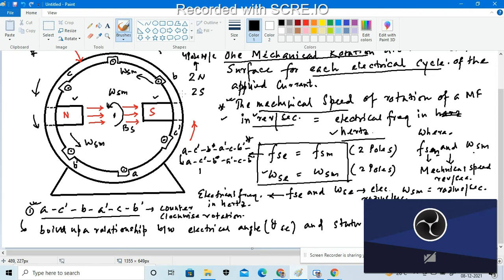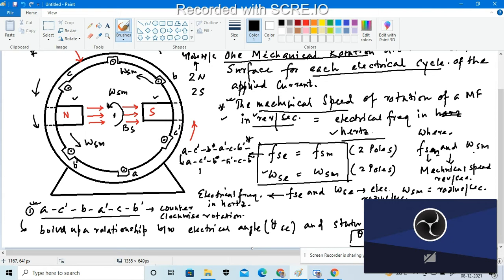So for that case, the relationship between the electrical angle and the stator mechanical angle, for one electrical cycle considered as 360, is theta of AC equals twice theta of SM, which is a very important equation.